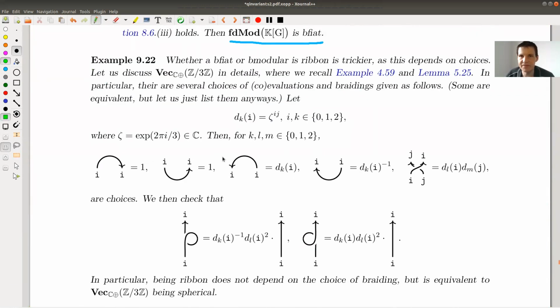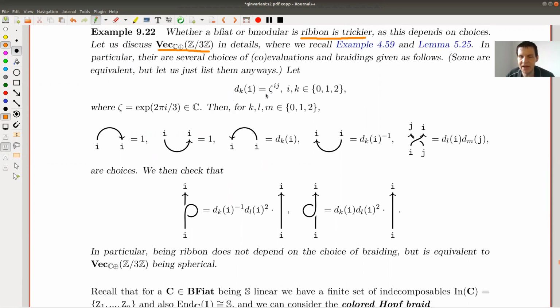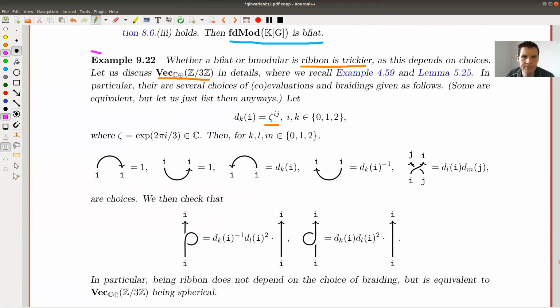And I do some examples here. I'm not talking about ribbon, because this is kind of a trickier thing. I do an example here of how it works for ZMAT 3. You can read it, and it really depends on the choice of your co-evaluation maps, and you might be off by some scalars. So ribbon is tricky, and I want to ignore ribbon for now.